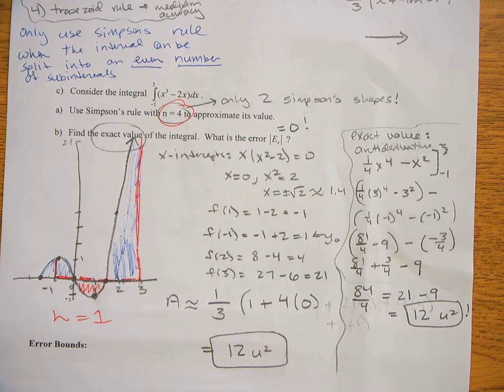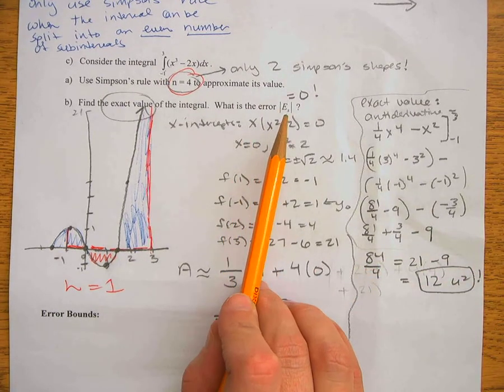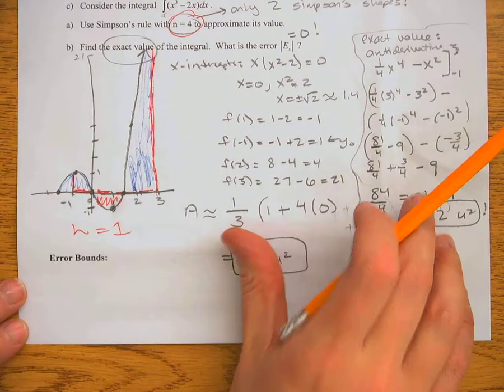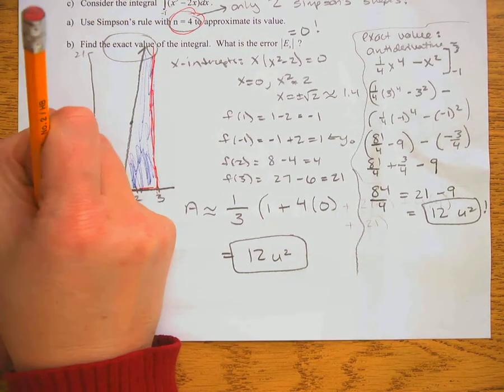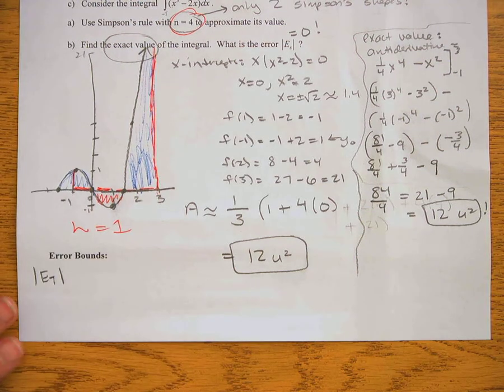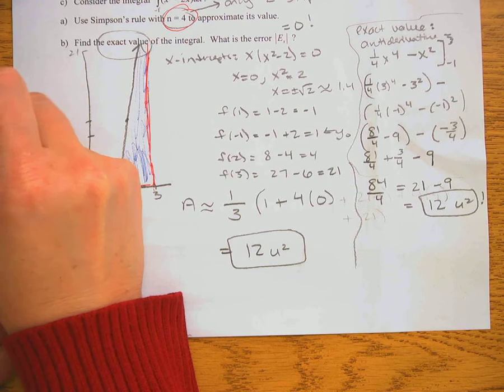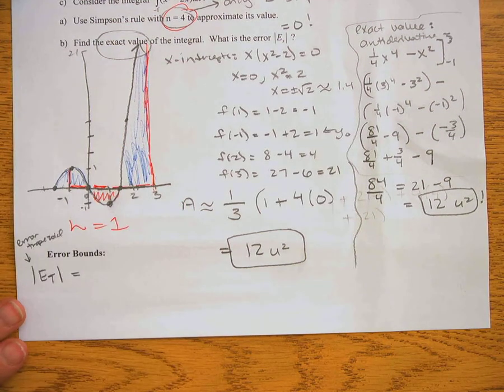Now, I did need to give you 2 formulas because this is asking for specifically what that is, the error Simpson's. So let me give you these 2 formulas. One of them is for trapezoid, and it looks like this. So that stands for error trapezoid. And the formula goes like this.